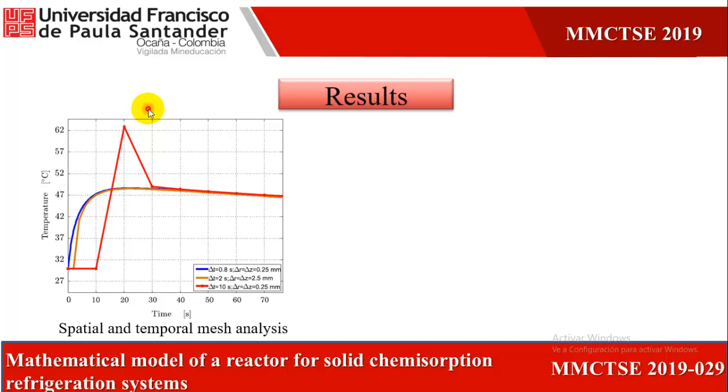From these results, or from the base case that was considered for this model, it was found that the minimum time to solve the system of equations proposed in the present work is 2 seconds and mesh sizes less than 2 millimeters.